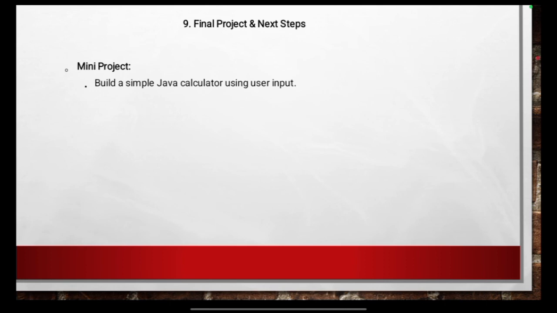This mini project is an excellent way to practice key Java concepts such as data types, user input, conditional statements, and basic exception handling. It also reinforces how Java can be used to build real-world tools with simple logic and user interaction. So now that we have learned this, let us move on to the next slide.